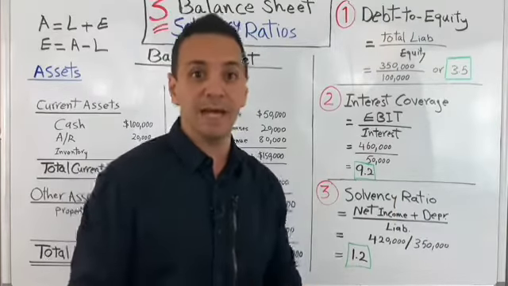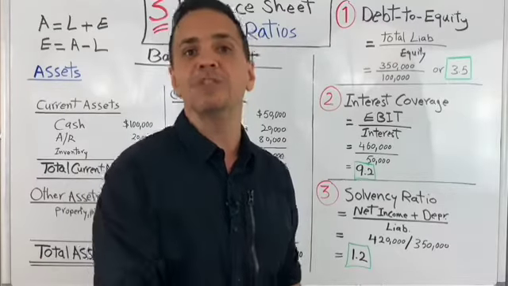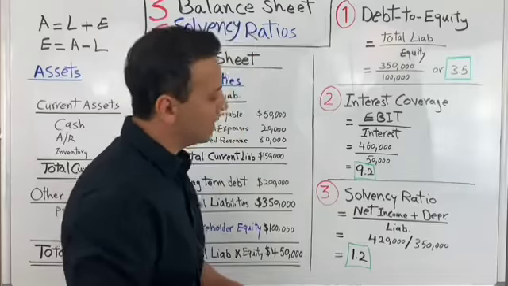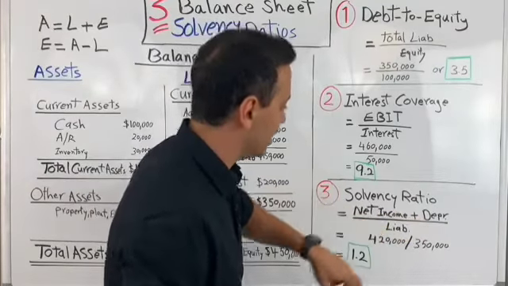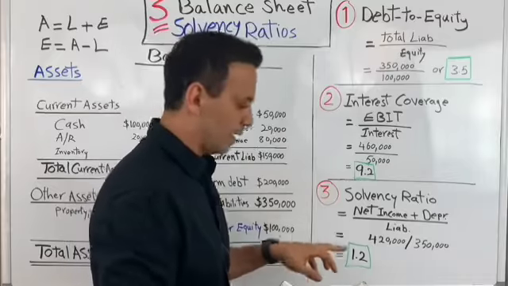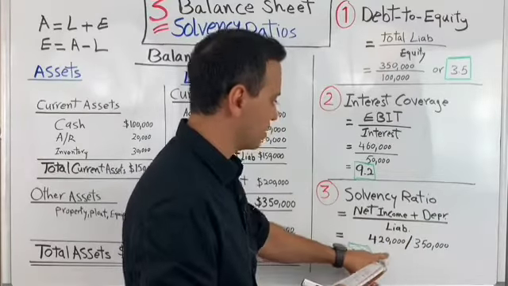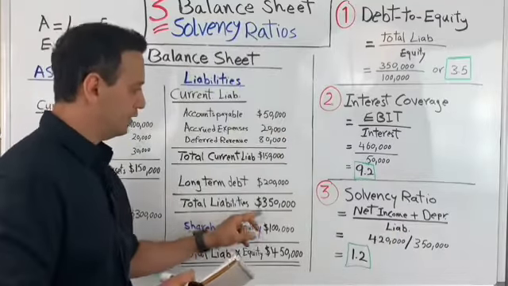If you take net income and add back depreciation, since depreciation is a non-cash expense, there's no cash going out when you have a depreciation expense. So you add that back, which is basically free cash flow, divided by total liabilities. In this case, net income plus depreciation is 420,000 divided by total liabilities from the balance sheet here, 350,000.